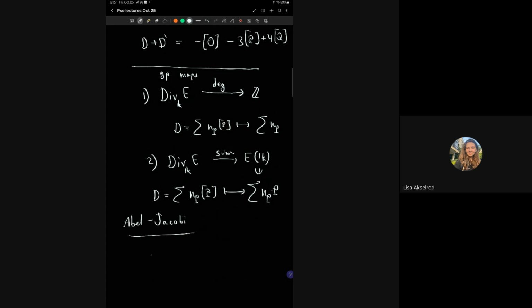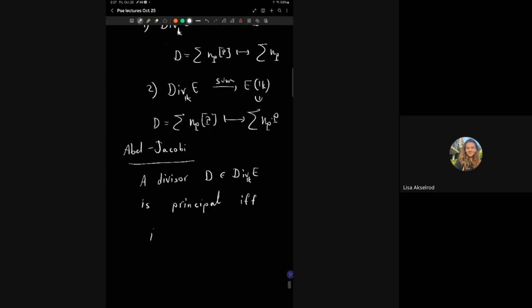Abel-Jacobi says a divisor D is principal if and only if two conditions are met.